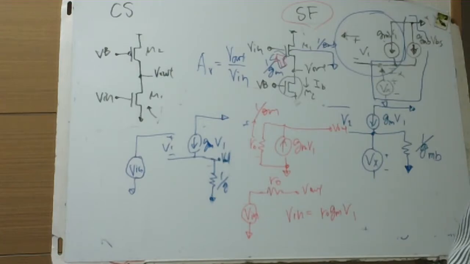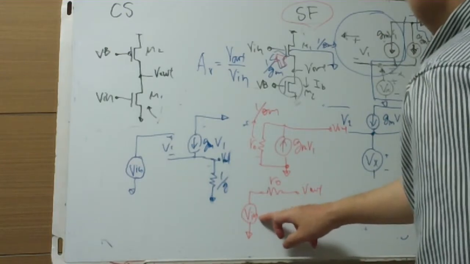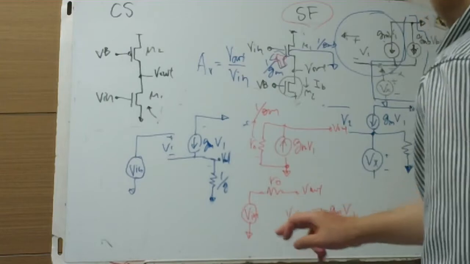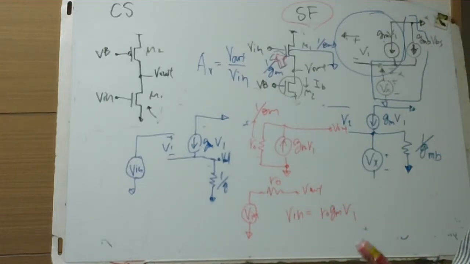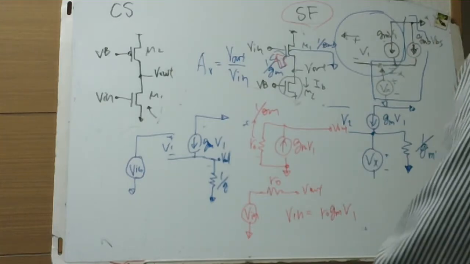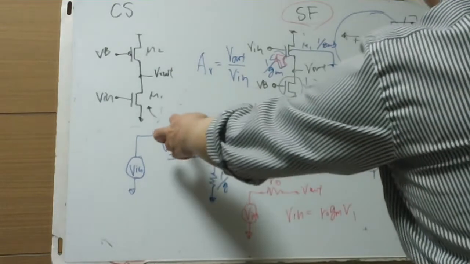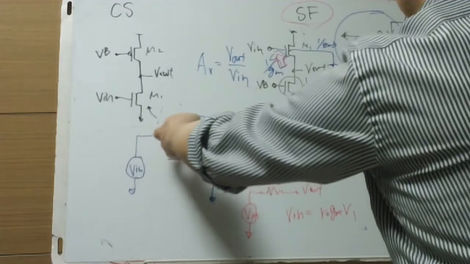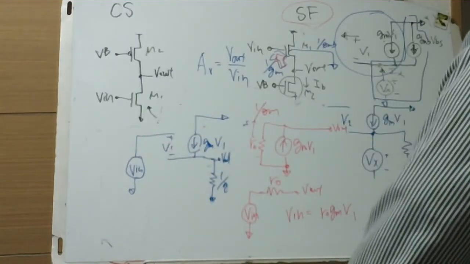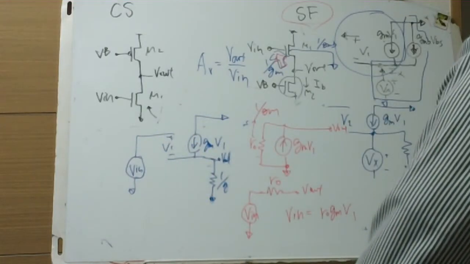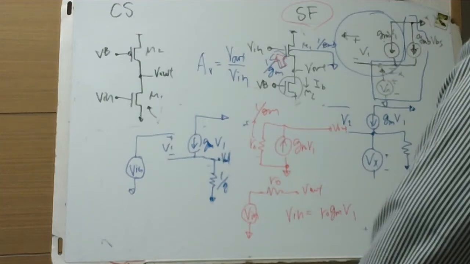But we just write V in to change. This is V1. About V in change, V1 change approximately equal, for this is small signal.